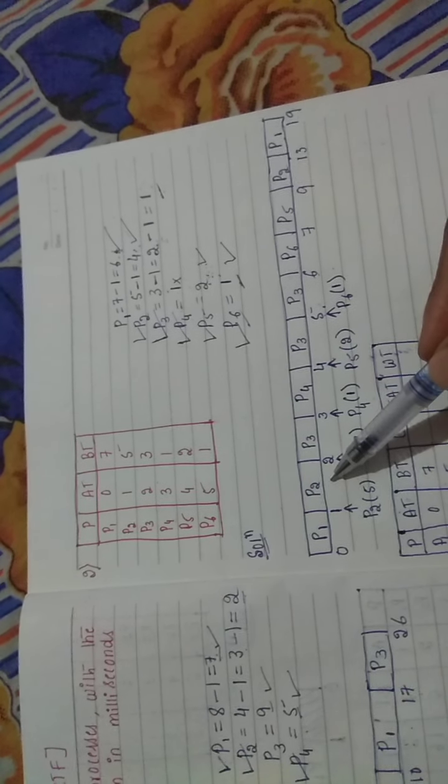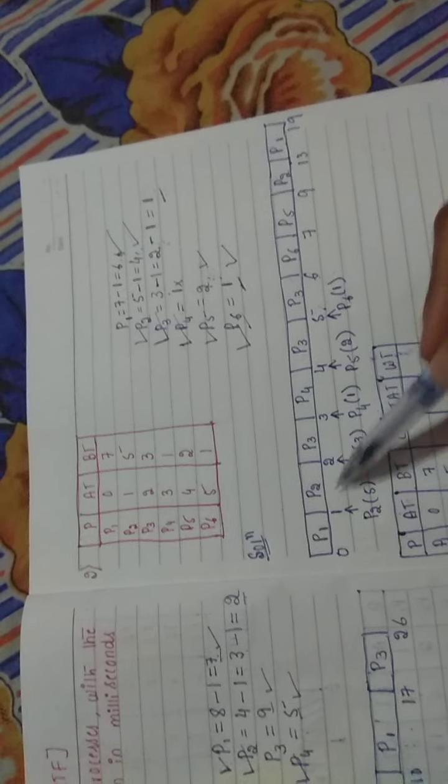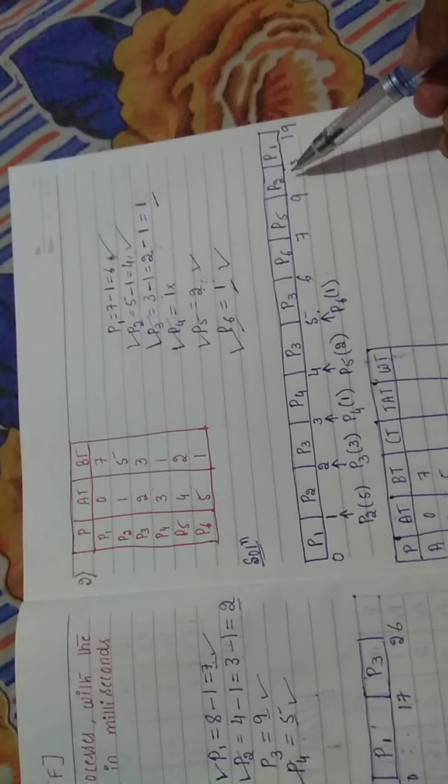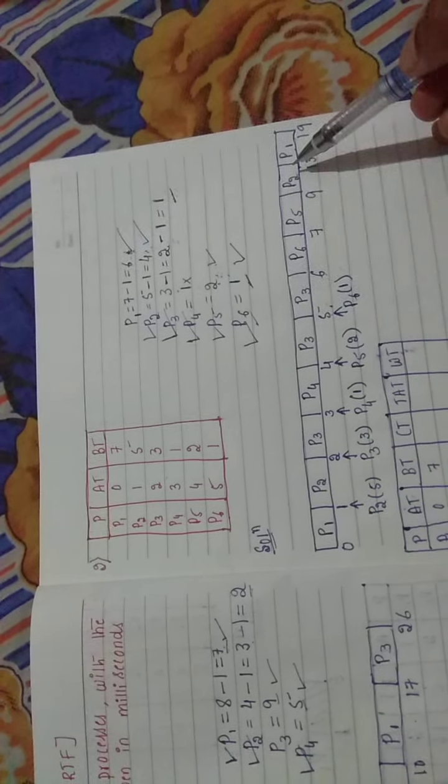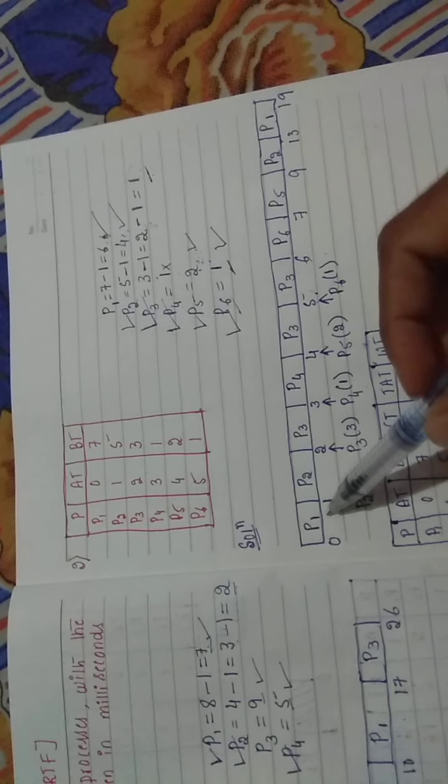It executed first, but gave preference to the other shortest jobs and stayed in the waiting queue, and again got a chance at the end. This concept is known as the preemptive concept. You can just look at the chart itself and tell whether it is non-preemptive or preemptive. If a process is not repeated in the chart, then it is non-preemptive. If the processes are repeated, then it is preemptive scheduling.